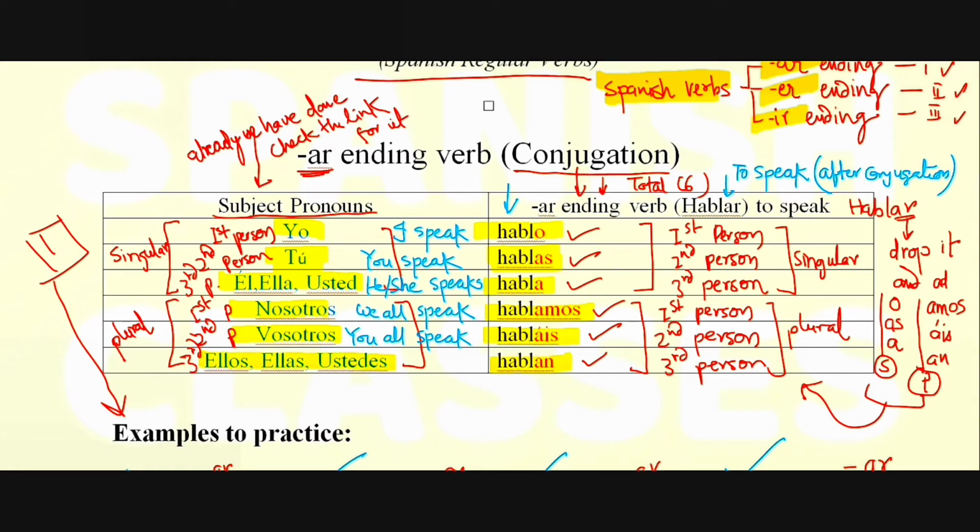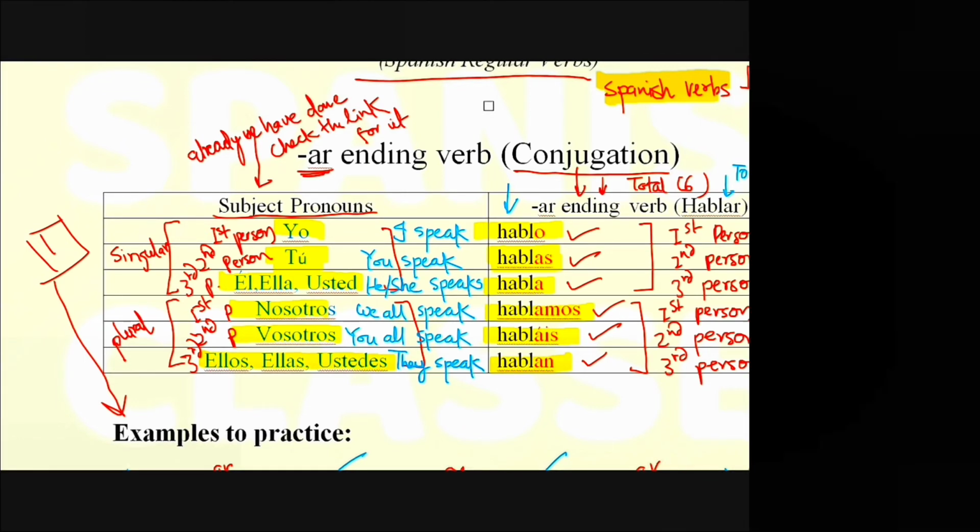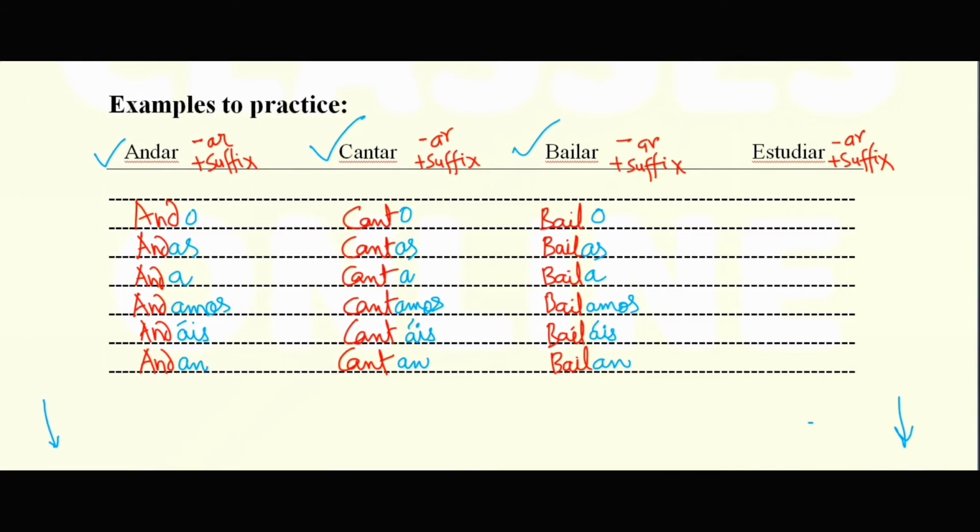Ellos, ellas, ustedes hablan. They speak. AR ending verbs. Subject pronouns and conjugated verbs is meaningful, and the translation is given in blue. Now come to more AR ending verb examples.